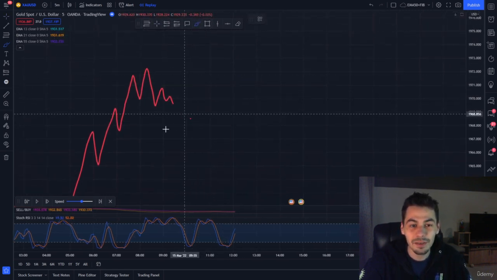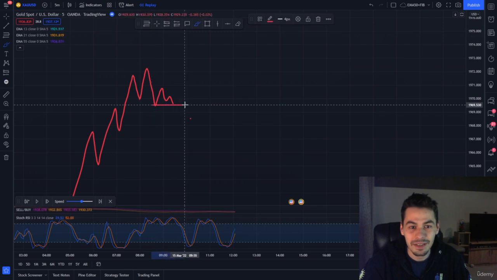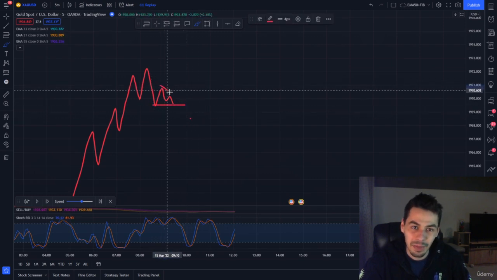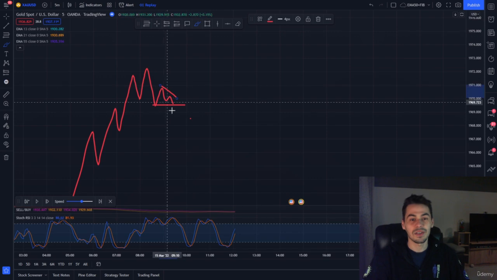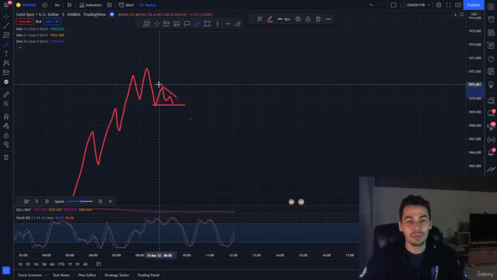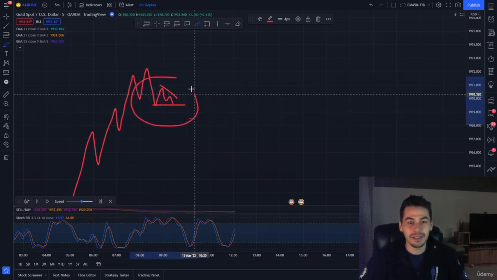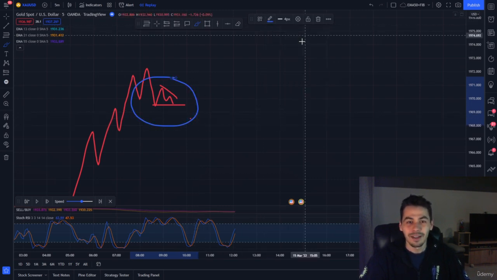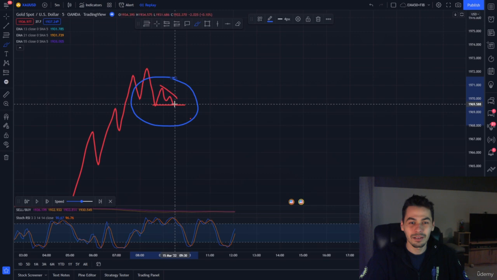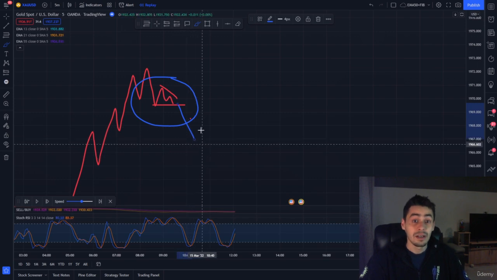So if you see the market holding a base but making lower highs, in this case you may have successfully identified a descending triangle. In case of a descending triangle, as the name states, the highest probability is for the price to break to the downside.